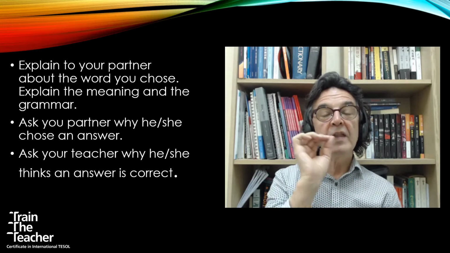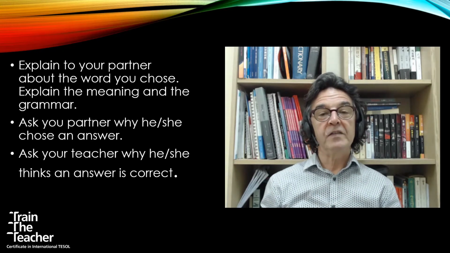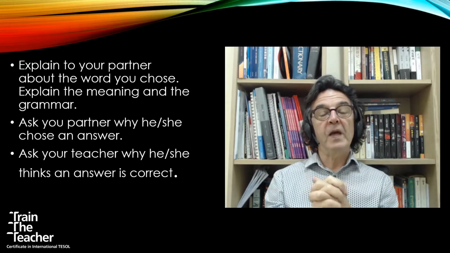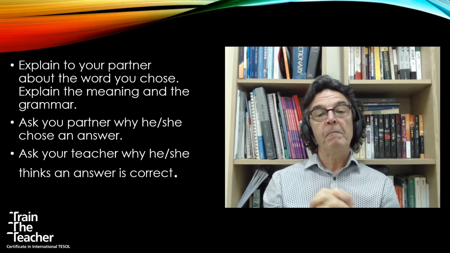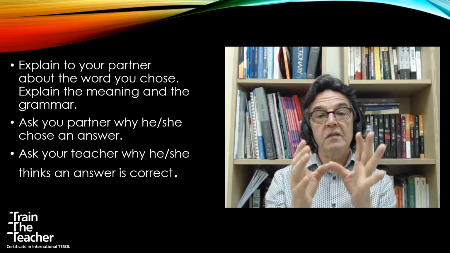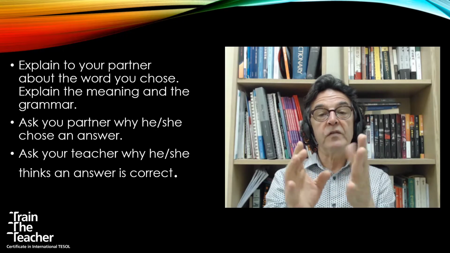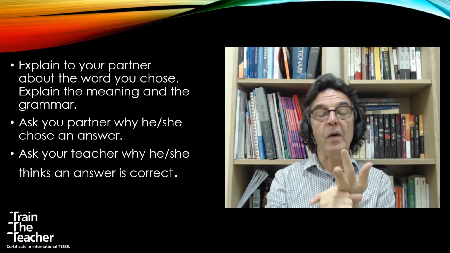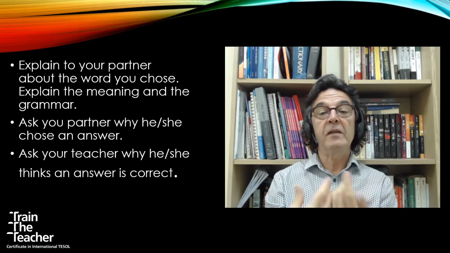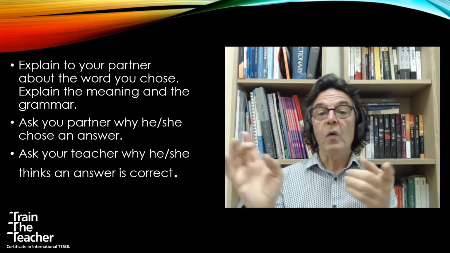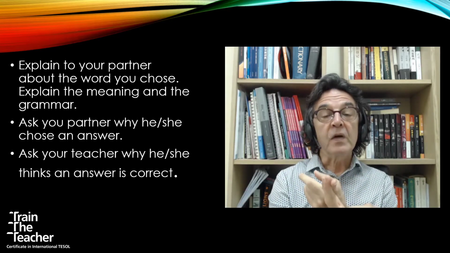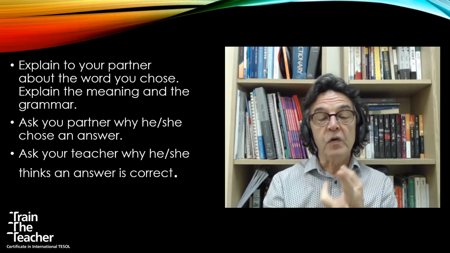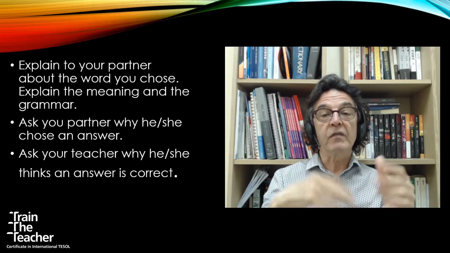And of course, the thing that you expect is that the learners explain their choices to one another. And those choices are particularly in relation to meaning and the grammar. So you would expect them to be explaining why they chose something because it was a noun, why they chose something because it was an adjective, and so on.